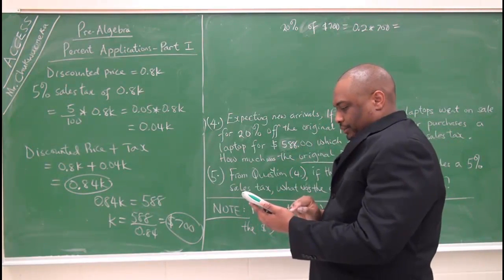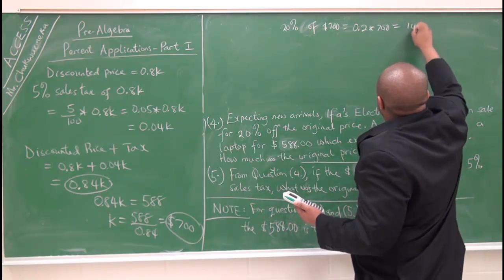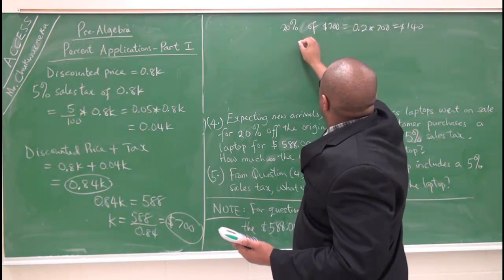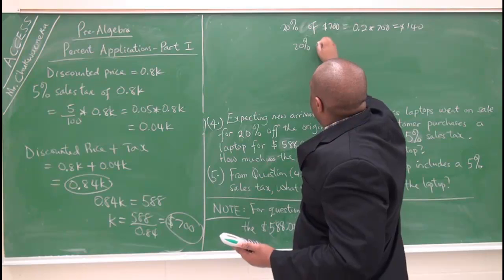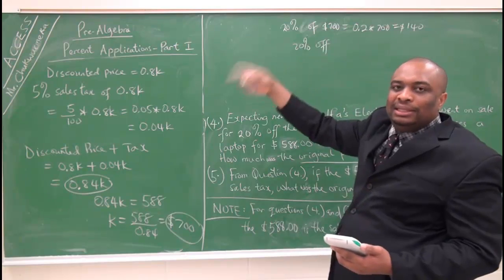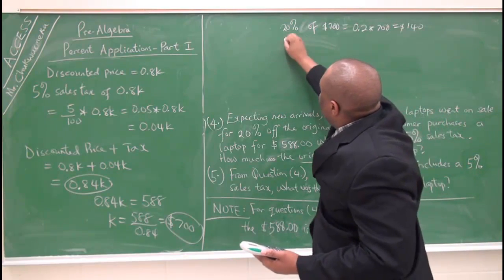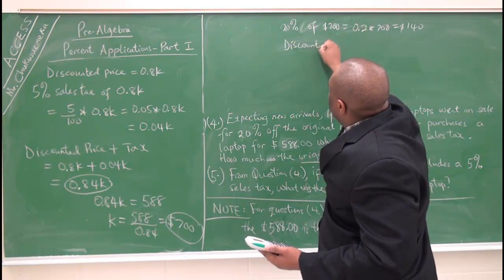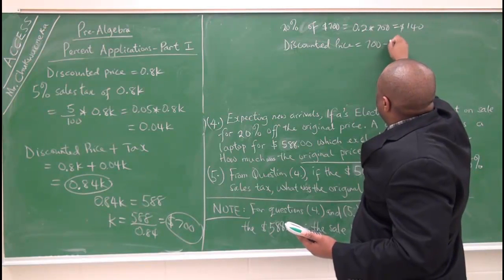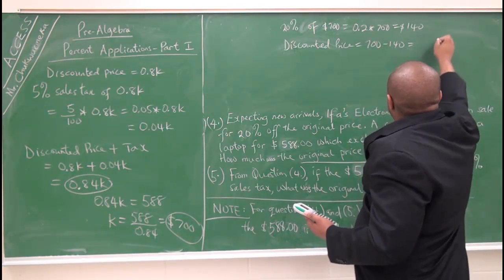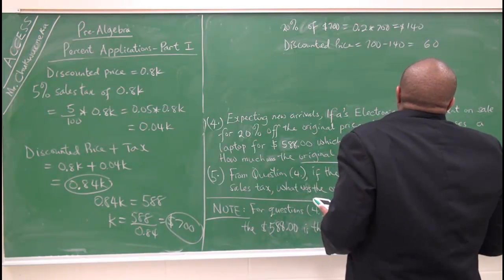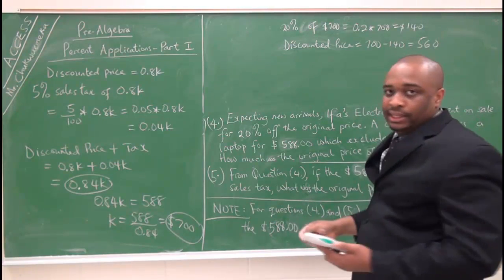And that is $140. So the discounted price will be 700 minus 140. 10 minus 4 is 6, and 6 minus 1 is 5. 560.